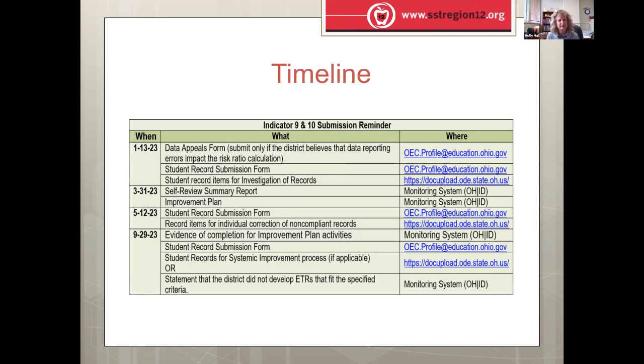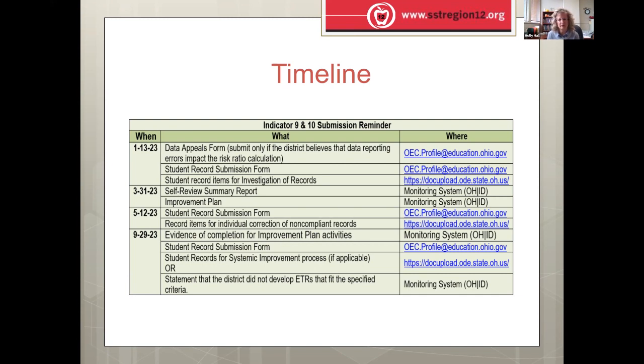And then the next timeline that would be listed in your special ed profile would be the completion of the self-review summary report, as well as the improvement plan. And those due dates again, March 31st. And that's where our SST colleagues, our school improvement colleagues will be helping to support districts with these steps of required actions.